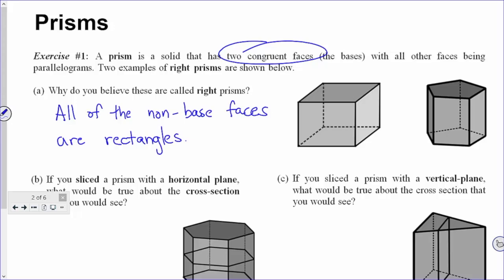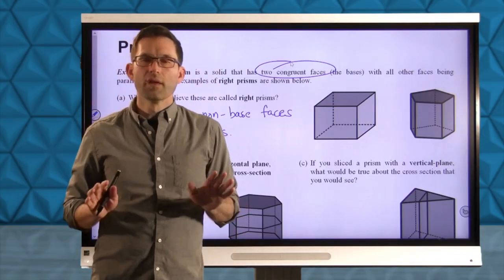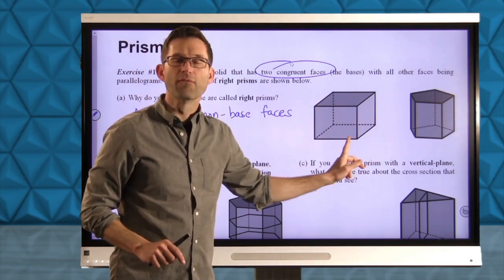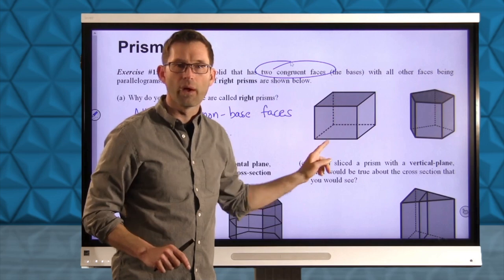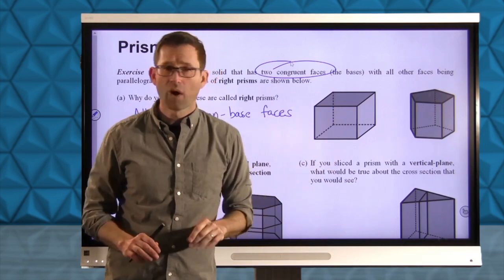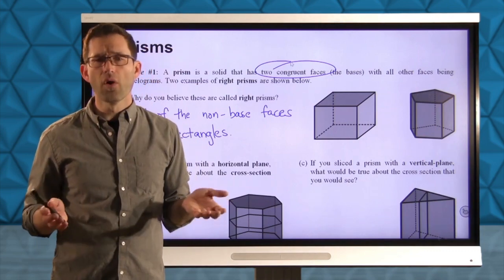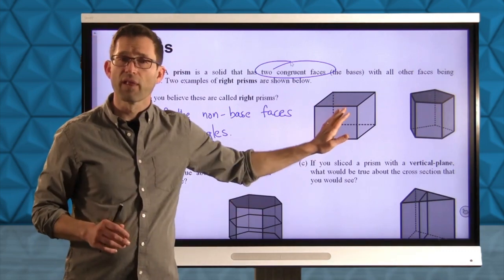In other words, these lines are coming up directly vertically. They're not tilted in any way from the bases. Simple enough, and you see prisms all over the place, especially in terms of a box like that.